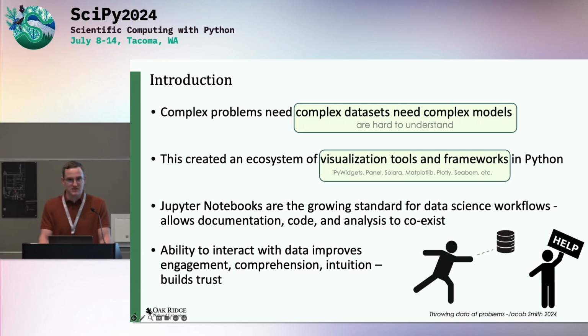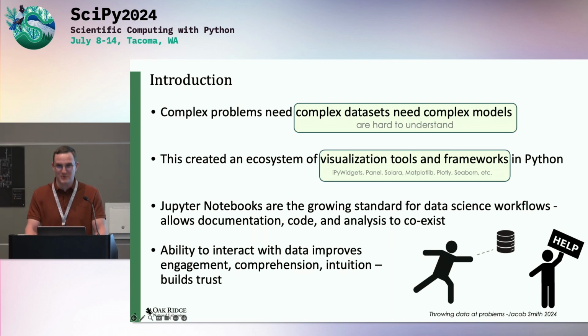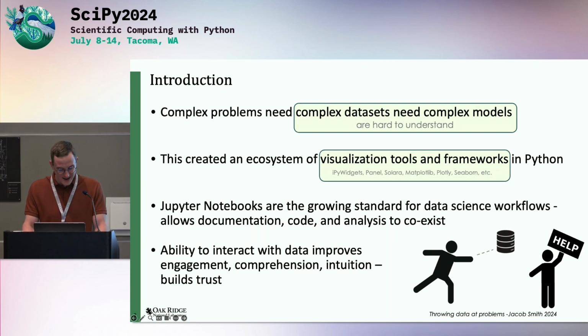We, as the data science community, I know we're in the playing nice track, but we're trying to solve more and more complex problems, which typically require complex data sets, and then we build these complex models to help us gain insights from the data sets in order to solve the problems. One of the issues with all of this is it becomes increasingly more difficult to have an intuitive understanding of what's going on under the hood.